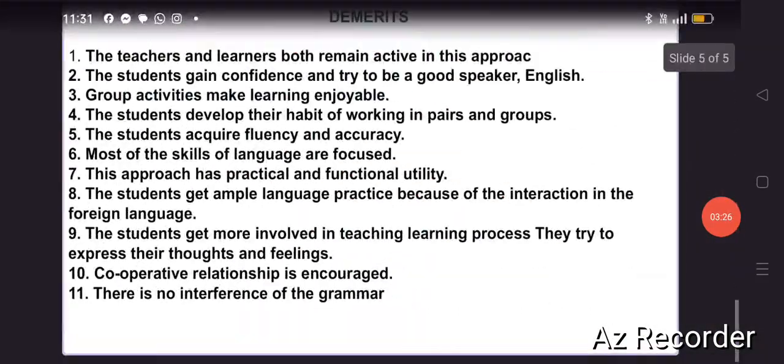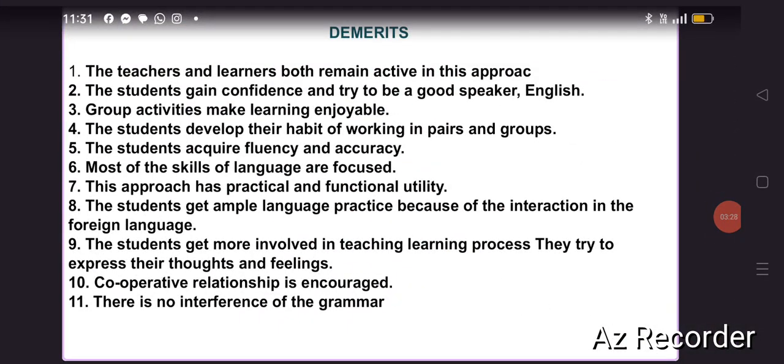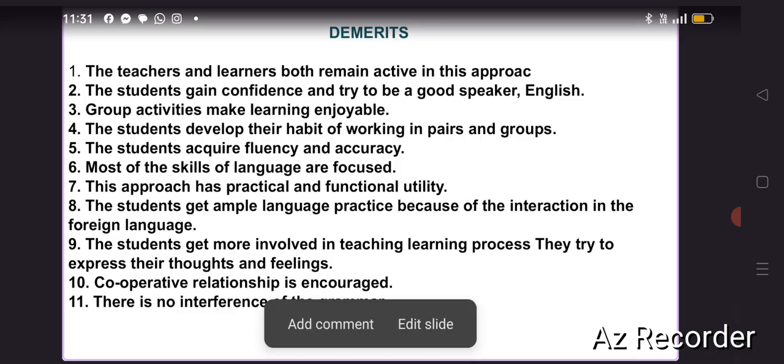Because the teacher takes what? The teacher takes different types of activities. And in this they have to express their feelings, opinions about the game or about the activity. So the teaching learning process becomes more involved and enjoyable.